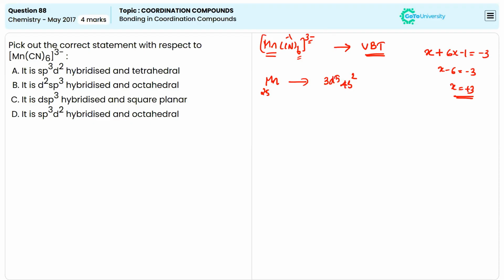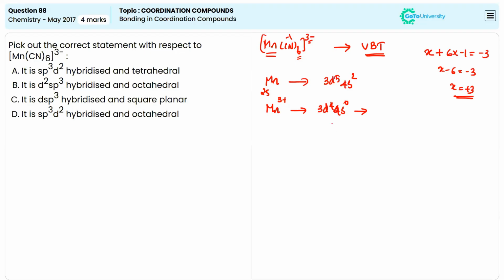Means the oxidation state of manganese is +3 here. Okay. Now we are going to write the electronic configuration of the Mn3+ ion. We have the electronic configuration of manganese, so we will write it for Mn3+ as well. So it becomes 3d4 4s0. In order to find out the hybridization and shape using valence bond theory, we have to write the orbital notation.